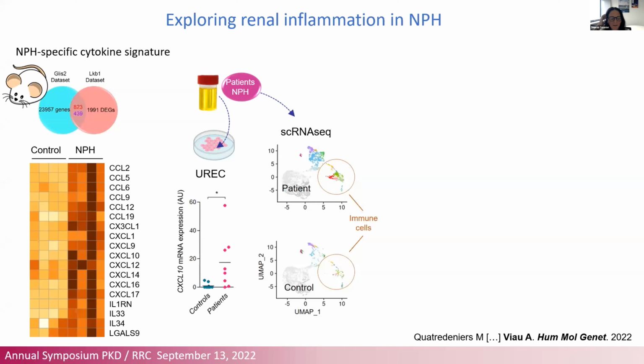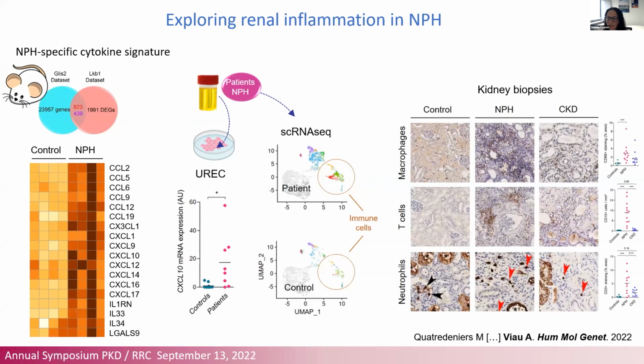inflammatory event in the context of nephronophthisis was also apparent to us when we performed single-cell RNA-seq from urine from patients with NPHP1 compared to controls, where we saw a specific increase of immune cells in the urine of these patients.